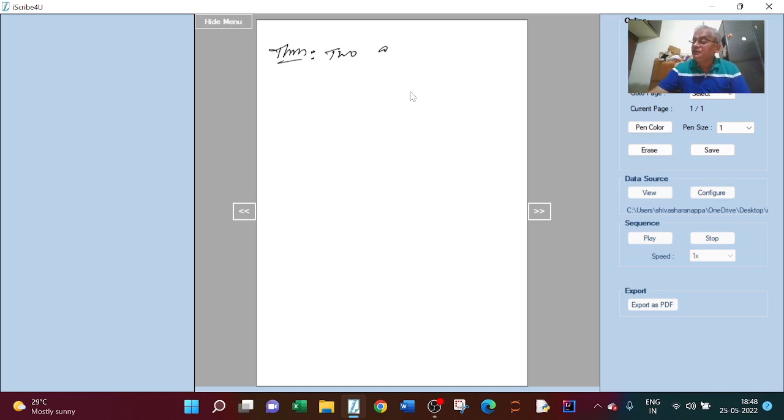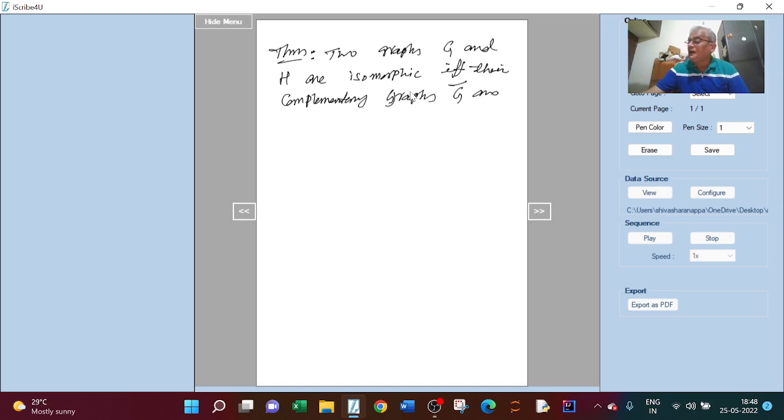Two graphs G and H are isomorphic if and only if their complementary graphs G bar and H bar are isomorphic.